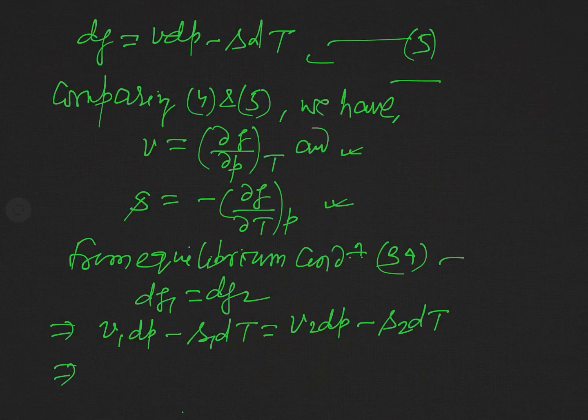And so rearrange the terms. After rearrangement, we will get dP by dt equal to s2 minus s1 over v2 minus v1.